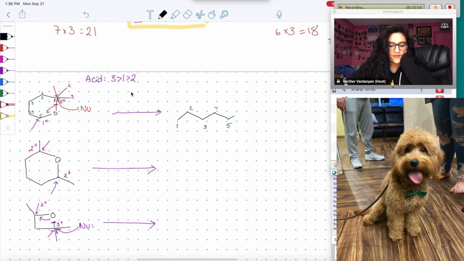And on carbon 1, we have 2 methyl groups as our substituents. So let me draw that in. Excuse me, the screen is bobbing all over the place. And then in addition to that, we have our nucleophile. And that is it. There are no other substituents from this one.